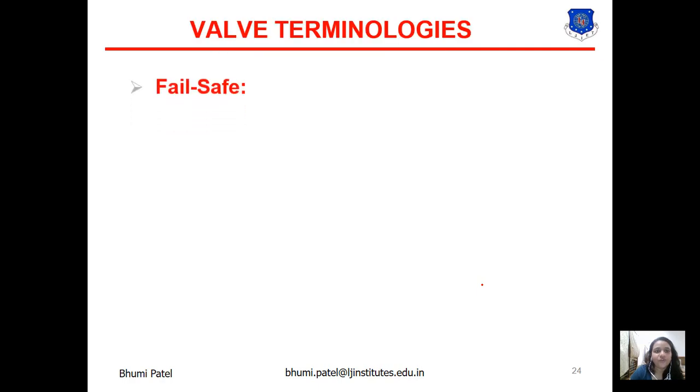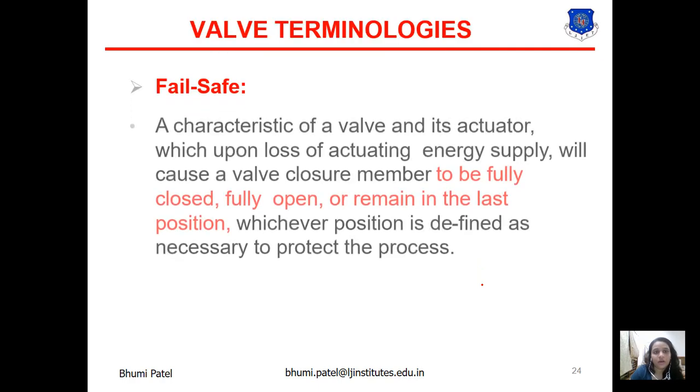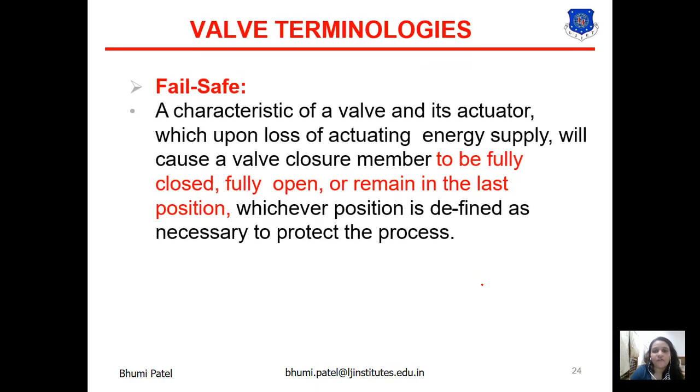Now fail safe position: a characteristic of a valve and its actuator which, upon loss of actuator energy supply, will cause the valve closure member to be fully closed, fully open or remain in the last position, whichever position is defined as necessary to protect the process.